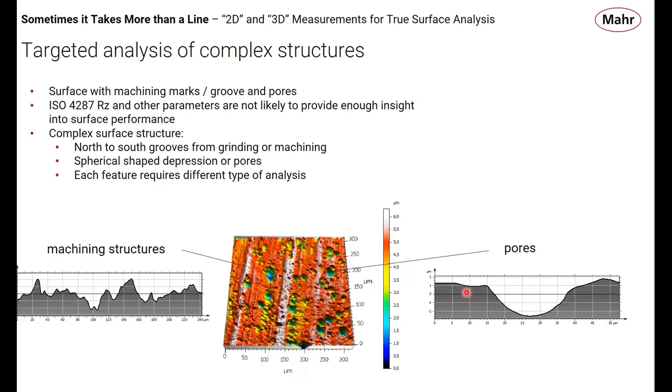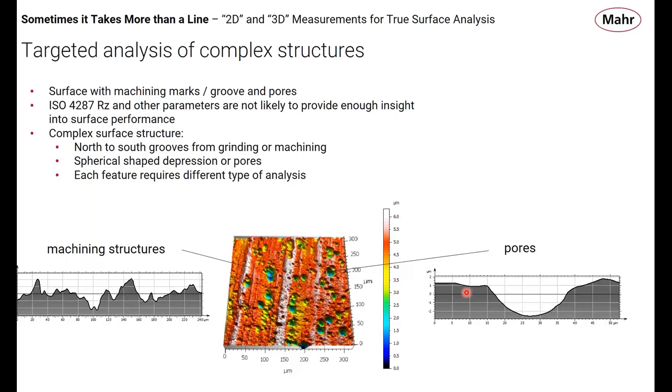The idea is, we would want to quantify those machining structures on the left-hand side one way. RA, RZ will work fine for those. But on the porosity side, those don't help us very much. We need something else to quantify those pores. So two things are happening here, to be quite clear.